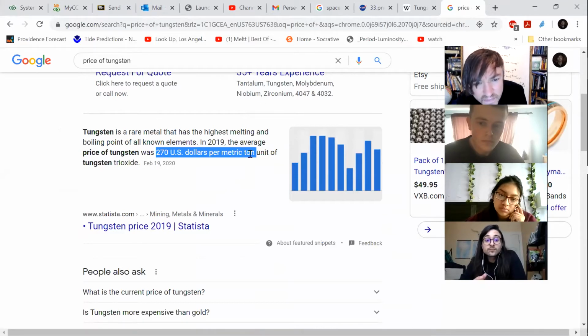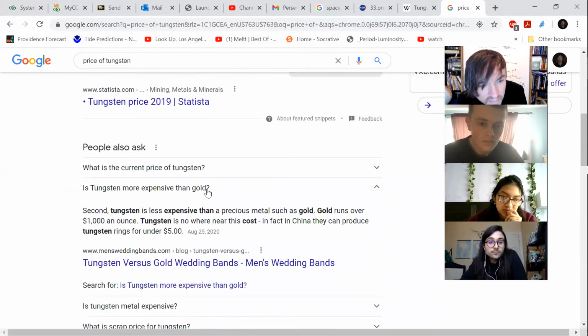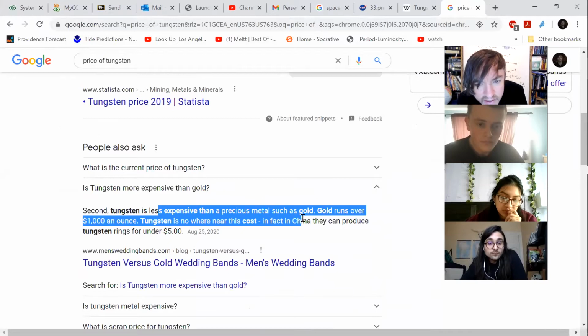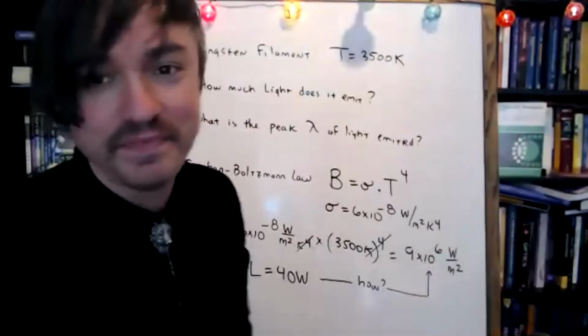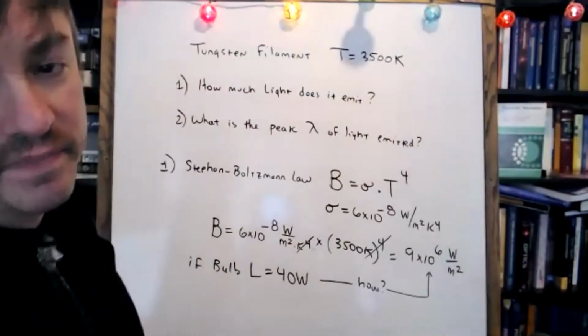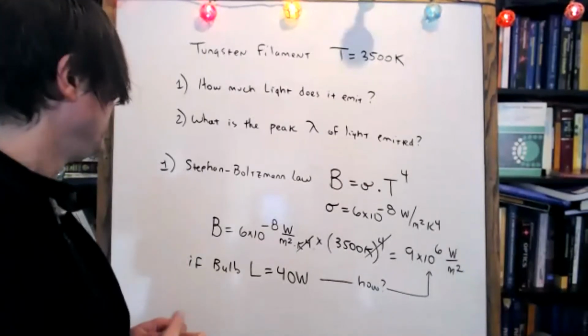That is a lot of metal, though. A metric ton is 1,000 kilograms. Is tungsten less expensive than gold? Okay, I guess tungsten isn't that precious. Why did I think it was? I thought in general the further down you go on the periodic table, the rarer the element is. But okay, so there's your answer of why we can pump out so many light bulbs.